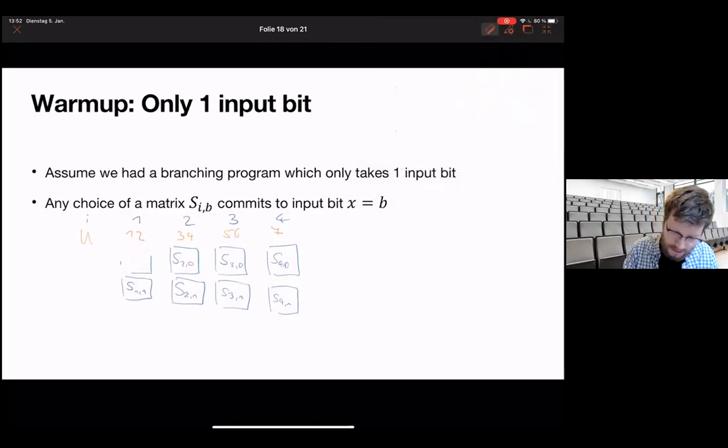I should have a little bit more space here. It's a bit too tight. S10, S20.